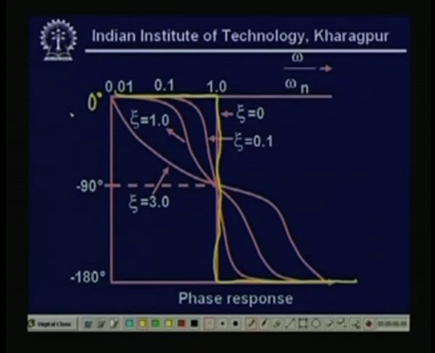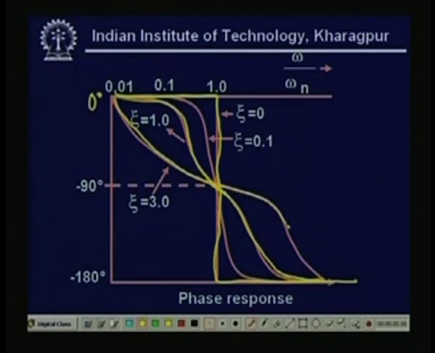If I slowly increase the value of xi, suppose xi is 0.1, my response will start to look like this. Similarly, for xi equal to 1, the critically damped system, the response will look like this. And for overdamped systems, the response will go like this.